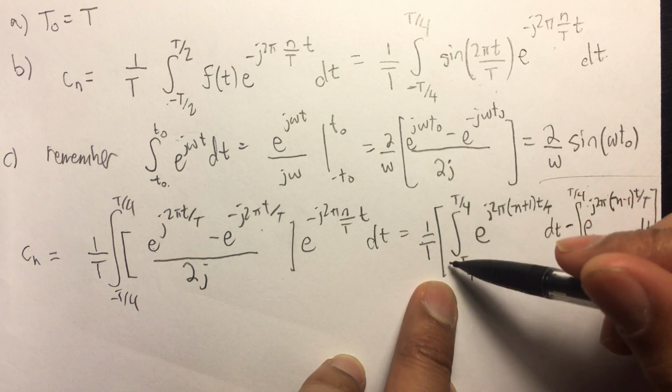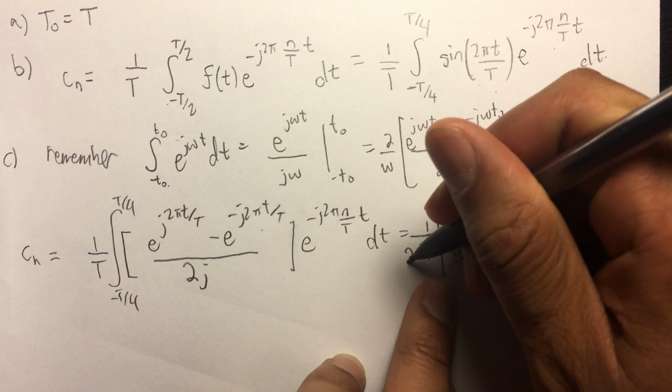Okay, I still have this 2j in the denominator. I'm going to bring it out here.